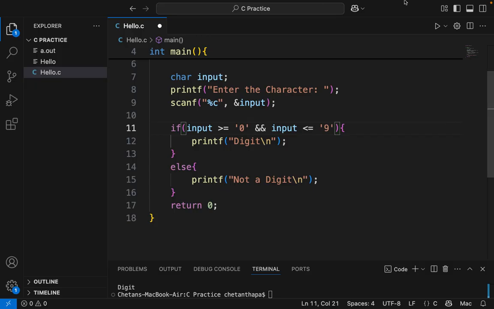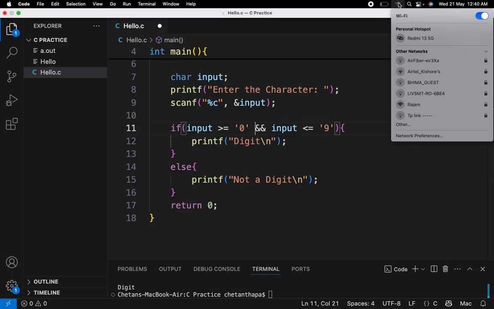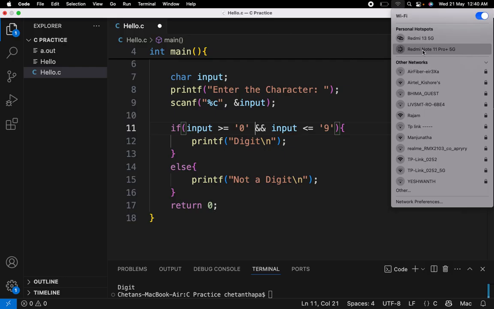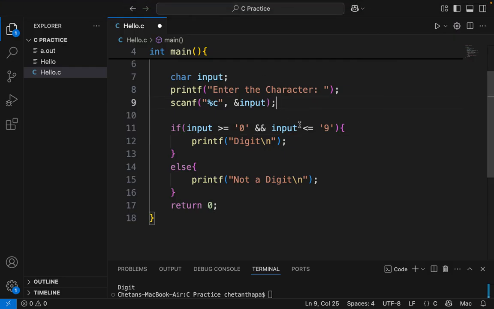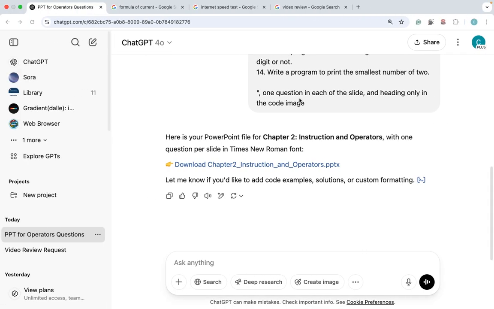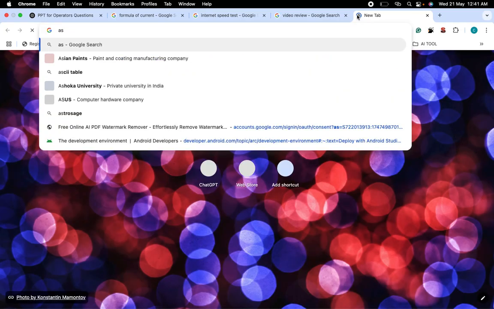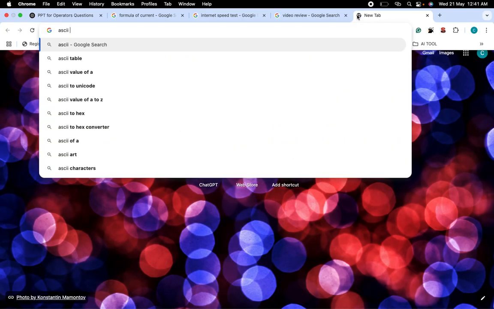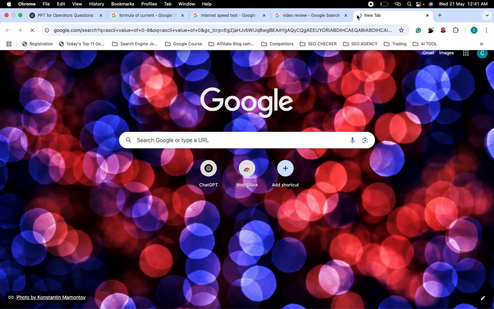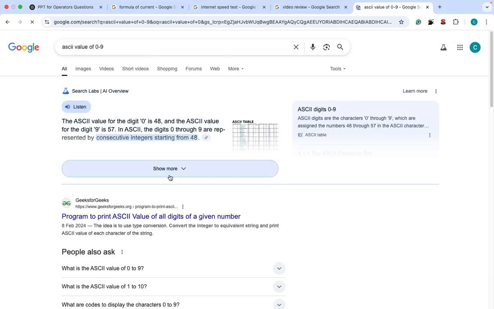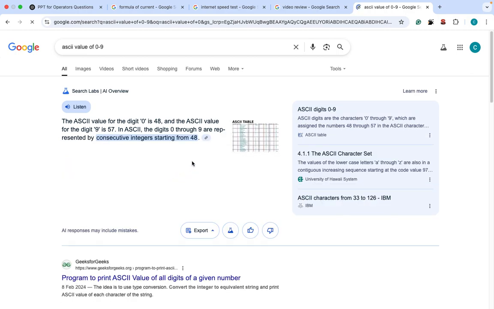What is an ASCII value? Let's go to the ASCII value of 0 to 9. The ASCII value of 0 is 48, and the ASCII value of 9 is 57.